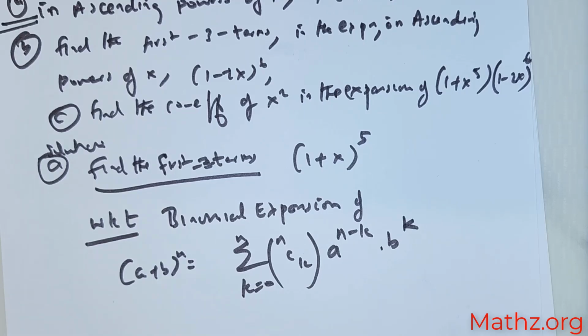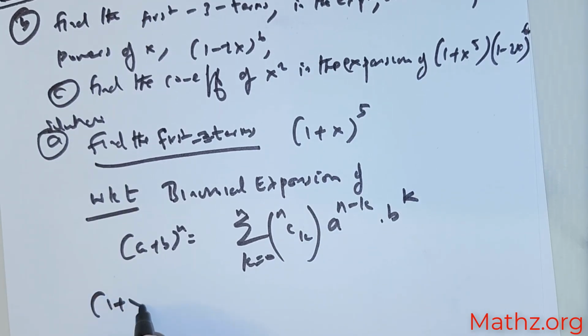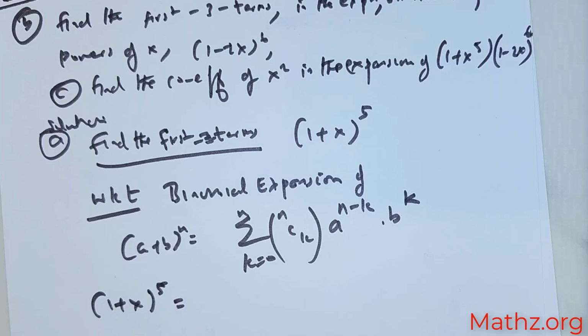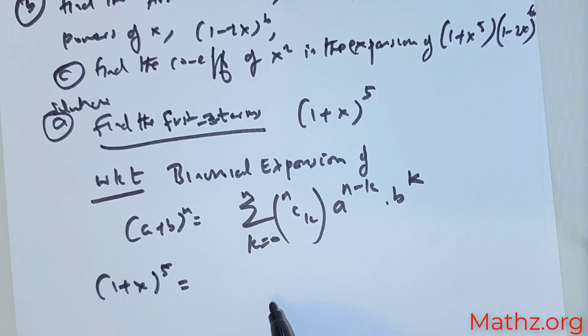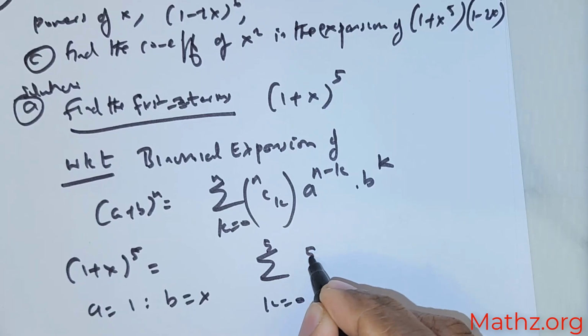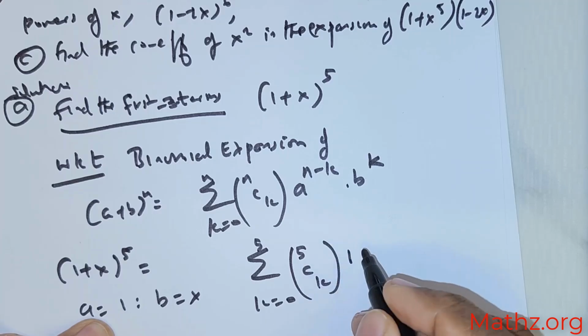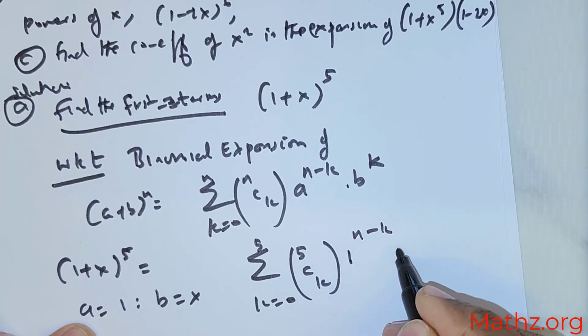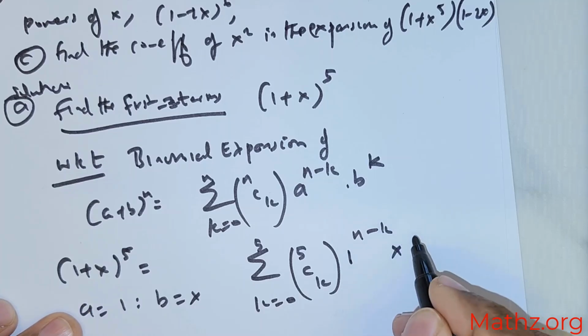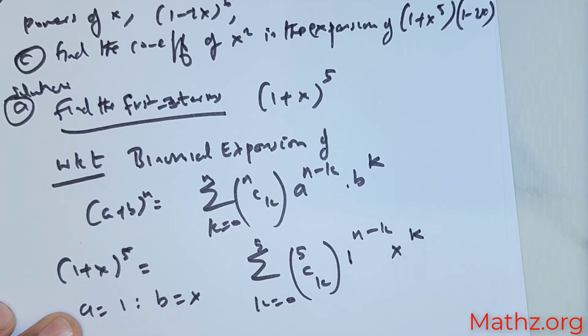Now if we were to utilize (1 + x) raised to the power of 5, then our a is 1 and our b is x. So this is going to be sigma k is equal to 0 to 5 5Ck times a is 1 raised to the power of n minus k, and my b is x, and that is raised to the power of k.